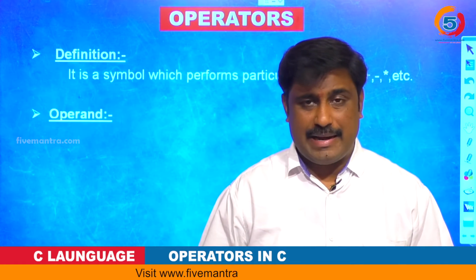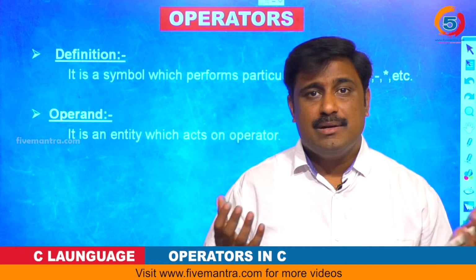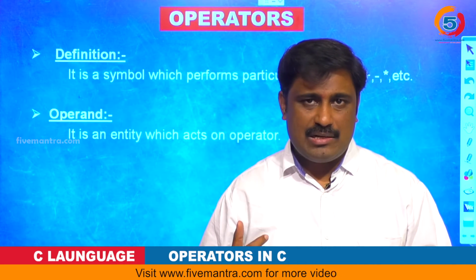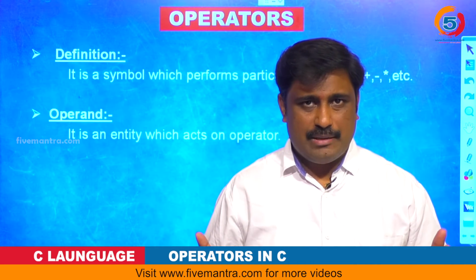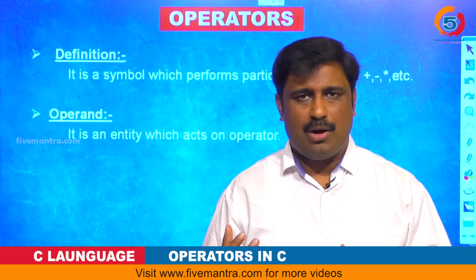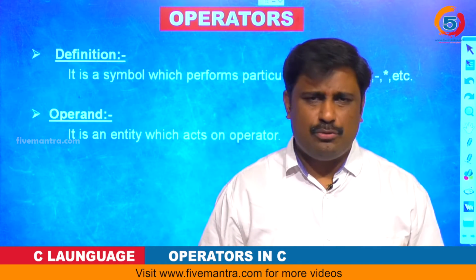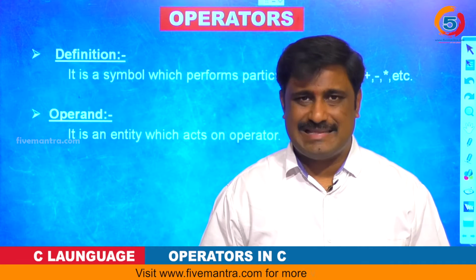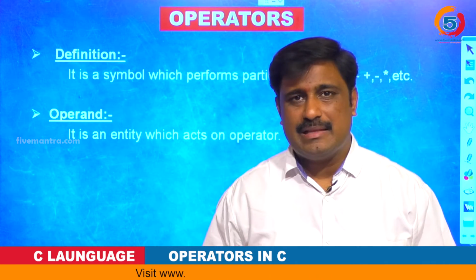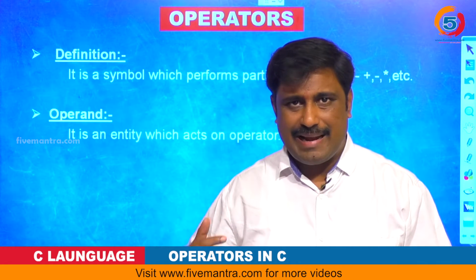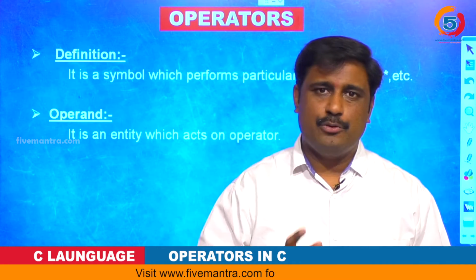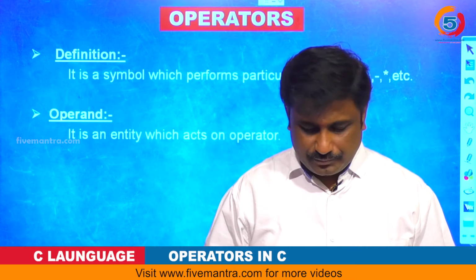With the help of operands, I can give those constant values, and those constant values are held by the operands. Operands are very important. Without an operand, there is no meaning to that symbol. With the help of operands only you will get the meaning of that symbol, and that symbol will be recognized by your compiler, and it will do that particular operation.